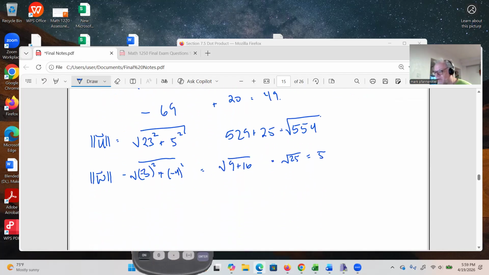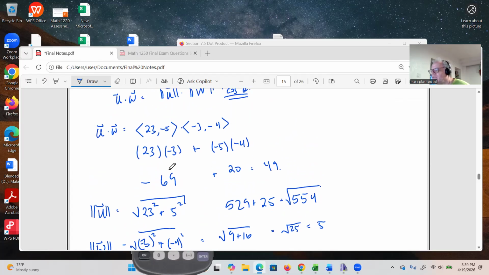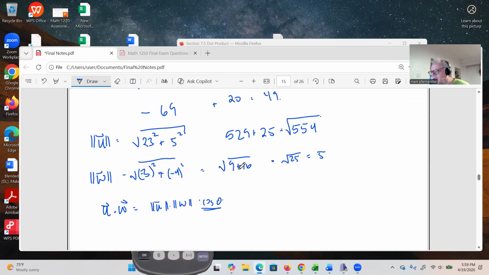Let's go back to our equation: u dot w is equal to the length of u times the length of w times the cosine of the angle between them. This is the piece we're trying to solve for. What was my u dot w? That was equal to 49, negative 69 plus 20.